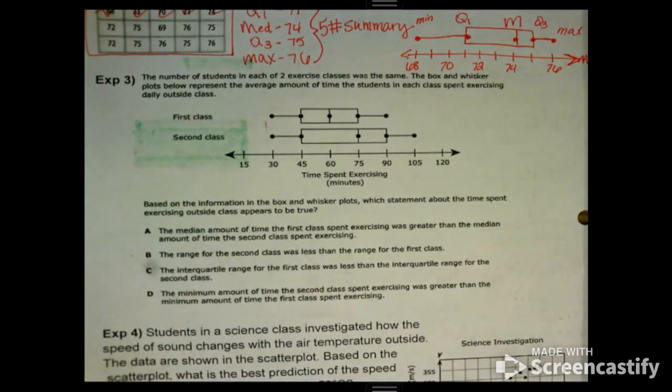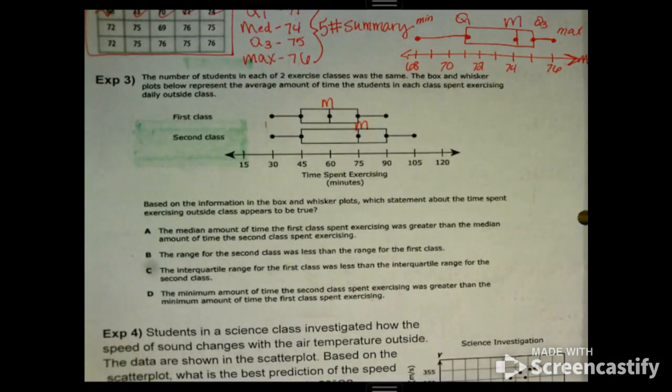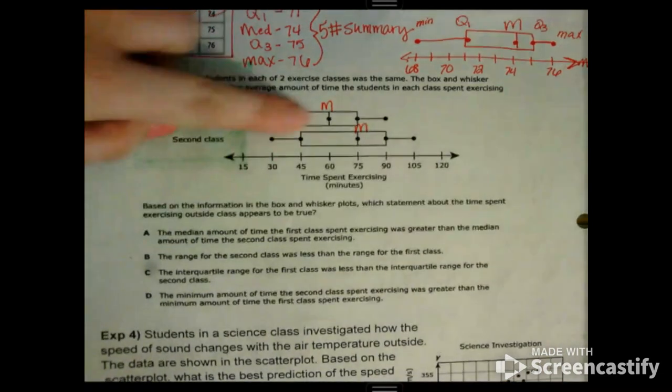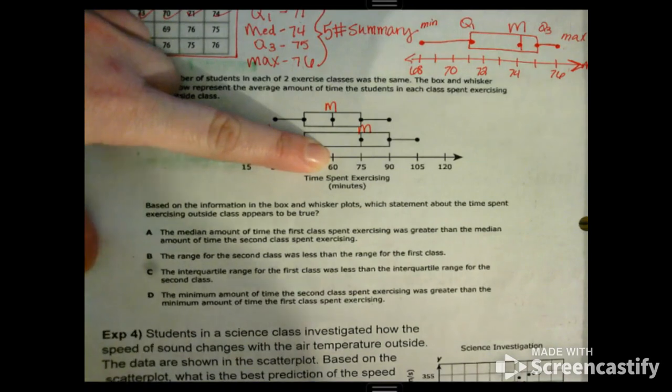All right. So it says, based on the information in the box and whisker plots, which statement about the time spent exercising outside of class appears to be true? Okay, so it says the median. Well, this is our median, right? The median amount of time the first class spent exercising was greater than the second class.